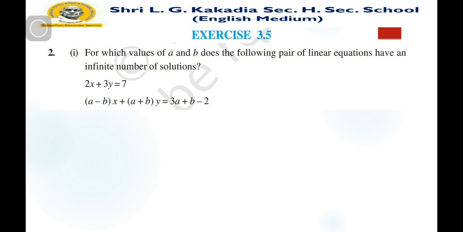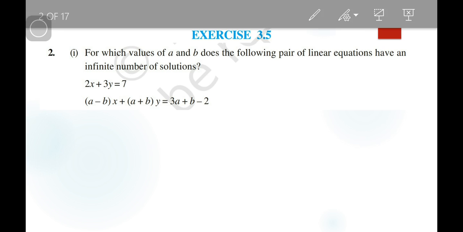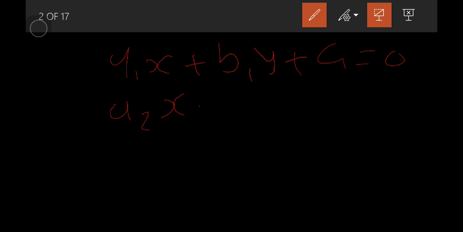So we know that when there is an infinite number of solutions, we compare the ratio of the coefficients. As we know, a1x plus b1y plus c1 is equal to 0, and a2x plus b2y plus c2 is equal to 0.